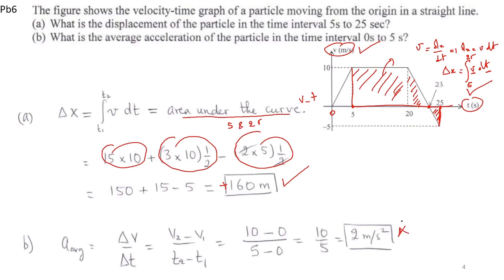Doctor? Yes. If we have a displacement, we are going to calculate the area. So if I have a velocity time graph, okay, the area under the curve of a velocity time graph will give me a displacement. Okay.